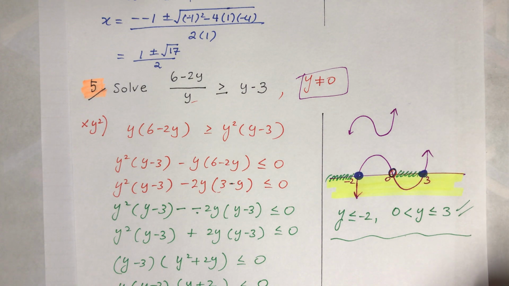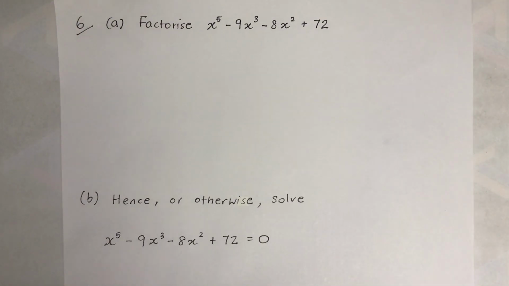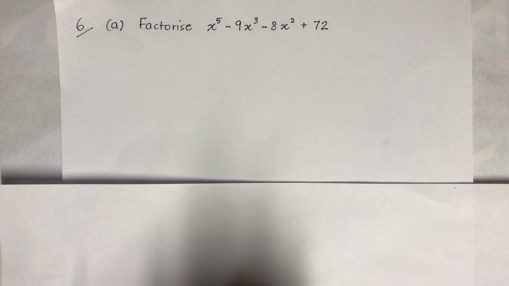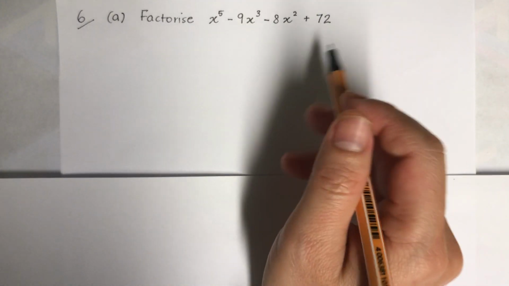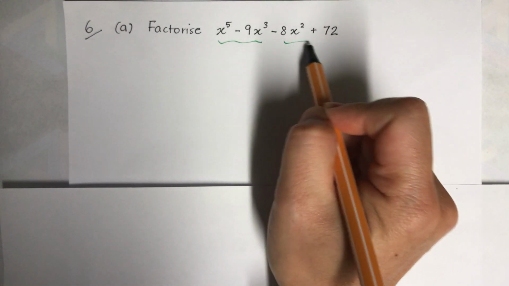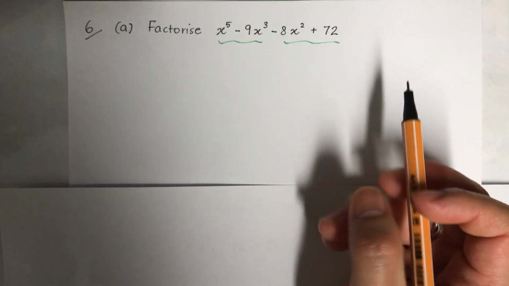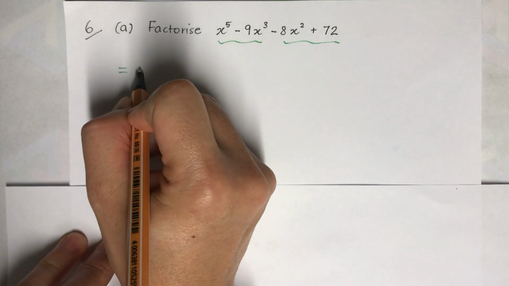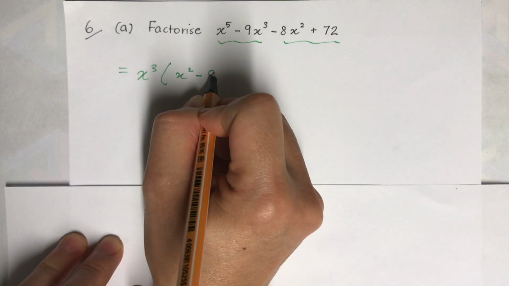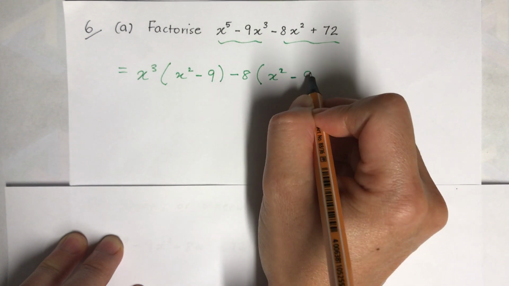So next one, question 6. Okay, factorize. Cover that. There's 2 parts in there, and I'm factorizing first. Okay, so I've got 4 terms here, and it looks like it's going to be by grouping, because if I take the 8 as common factor out, it'll be 1 and 9, 1 and 9. Nice. So what I'm going to do now is take x cubed out, left with x squared minus 9, and I'm going to take minus 8 out, minus 9.